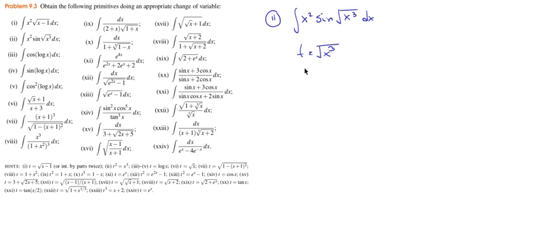Okay, and so this is t squared is x cubed, 2t dt is 3x squared dx, but we have x squared here, so this is equal to sine of t, and then 2/3 of t sine of t dt.